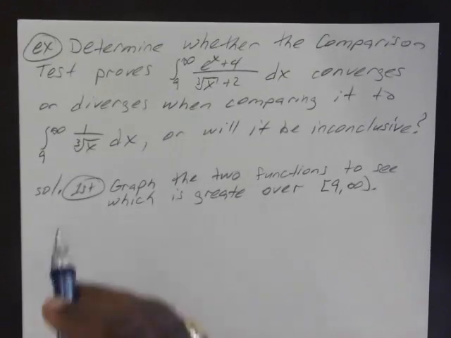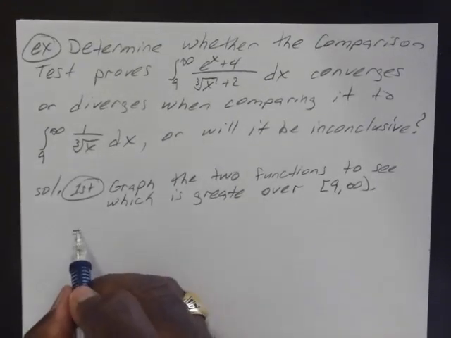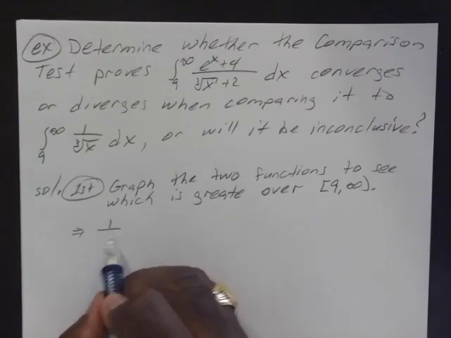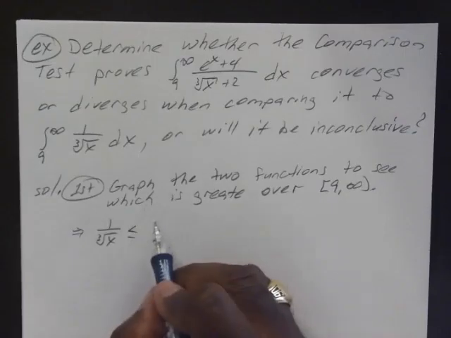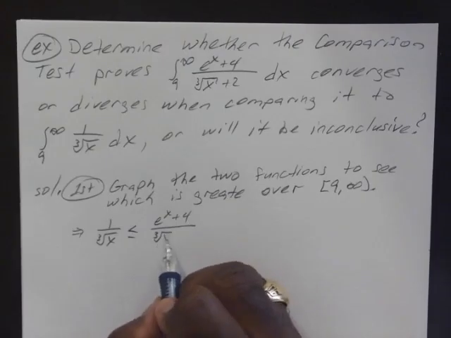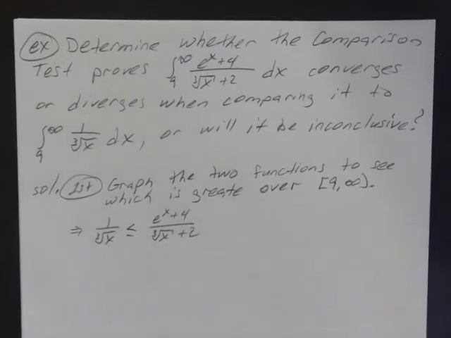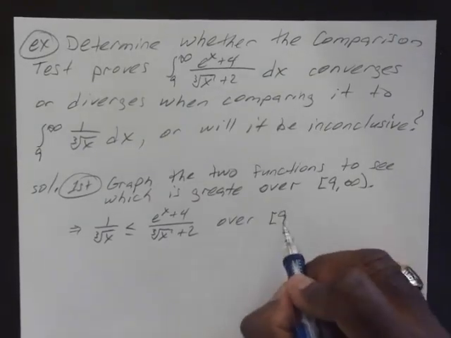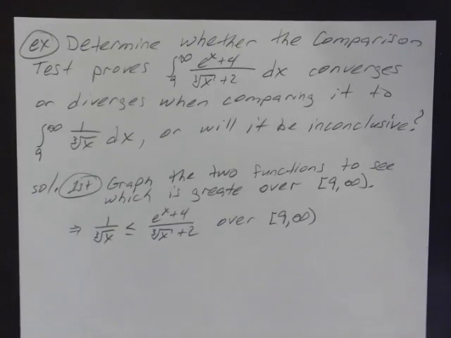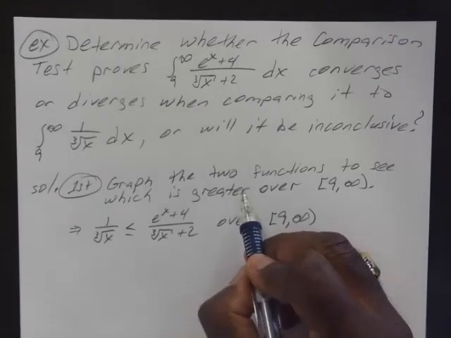Okay. So if you graph them, you will see that 1 divided by the cube root of x is less than or equal to e to the power of x plus 4 over the cube root of x plus 2. Over the interval from 9 to infinity.